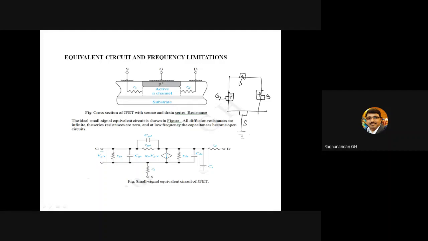We know that source will be grounded. So when you connect a battery to the drain, we'll connect another terminal to the source. Then we'll call it VDS.